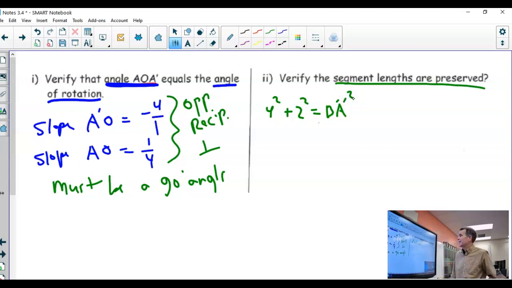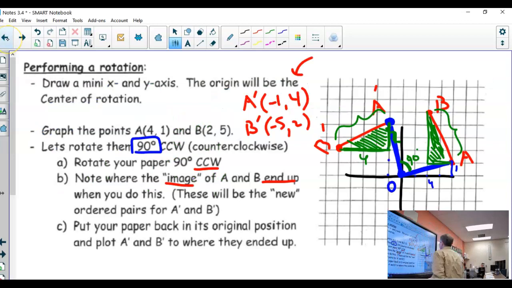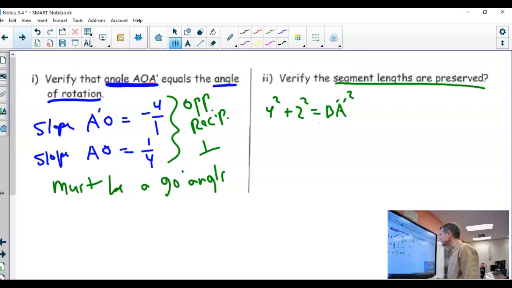Yeah, B prime A prime, that's right. So one side of the right triangle squared plus the other side of the right triangle squared equals the hypotenuse of the right triangle squared. All right, that is the Pythagorean theorem.